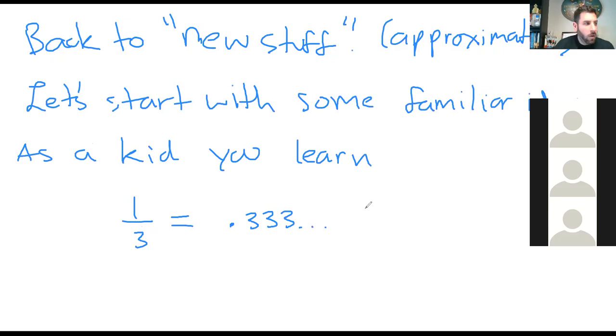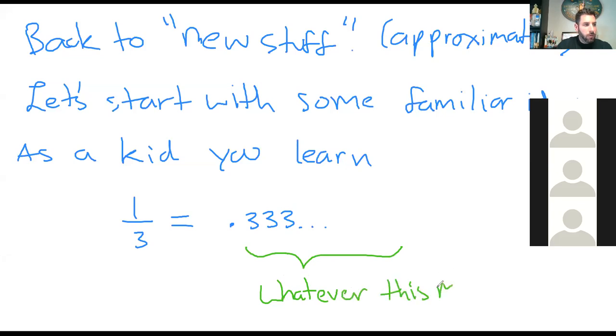You learn this as a kid. Although, as a kid, there's not much really explained about this. They just hand wave and say it goes forever. But I would ask you to think about it this way, whatever this really means. Perhaps maybe you guys wrote it differently in your school. Maybe you put a bar above one of the threes, and that was to represent that the pattern goes forever and ever and ever.